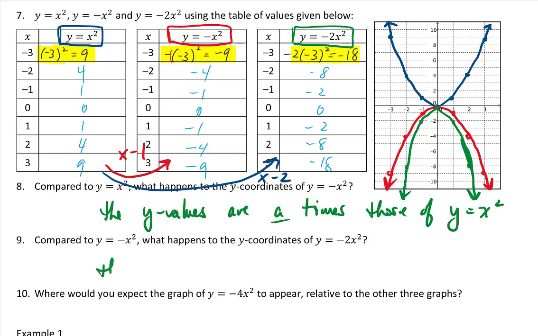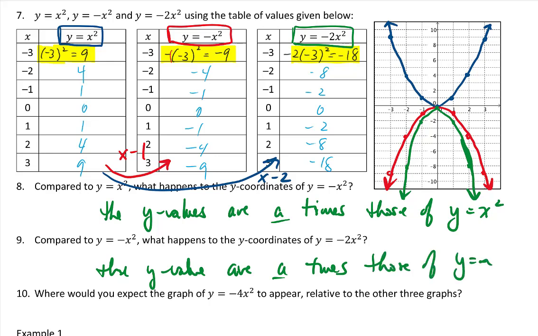And similarly, the y values here are a times those of y equals x squared. In this case, negative 2 times. It doesn't make a difference whatever a value I choose. So for this one, it was negative 1 times. This was negative 2 times those of y equals x squared.